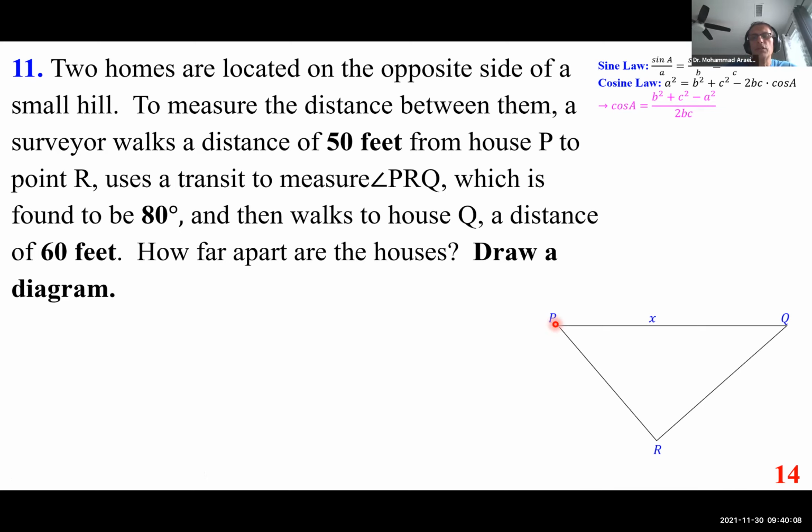So this is the two houses, and X represents PQ, or the distance between the two. We are going to go down somewhere and go back up. And how much do we go away? We go this way 50 feet, coming back to the 60 feet, making an angle of 80 degrees.